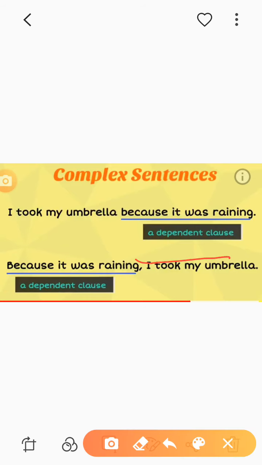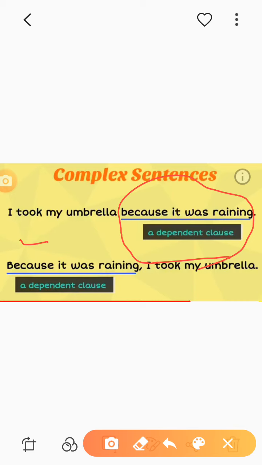Comma. Use of a comma in a complex sentence is compulsory, but in just one case, where we use a comma after a dependent clause if it comes at the beginning of a complex sentence. Mostly a dependent clause comes at the end of a sentence, like, "I took my umbrella because it was raining."